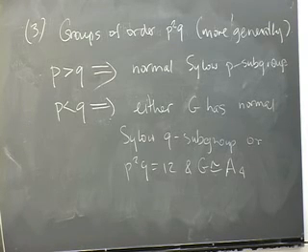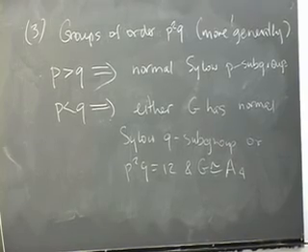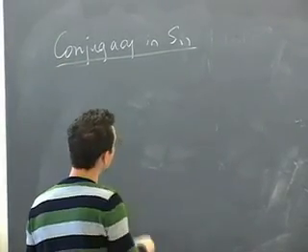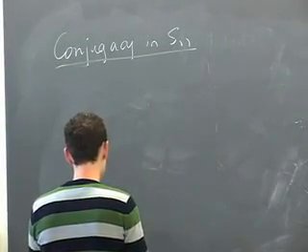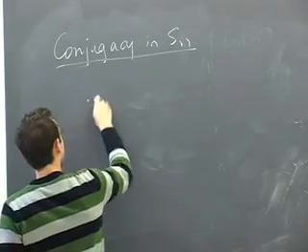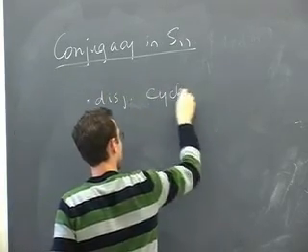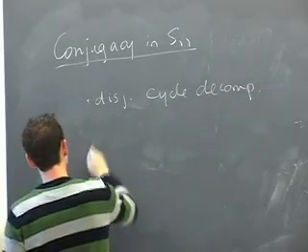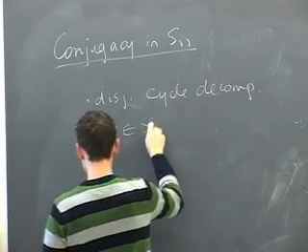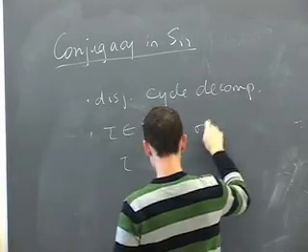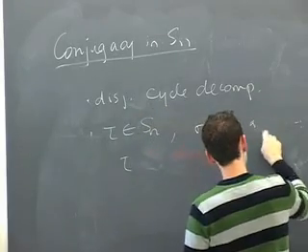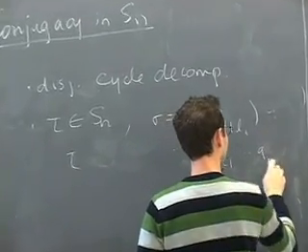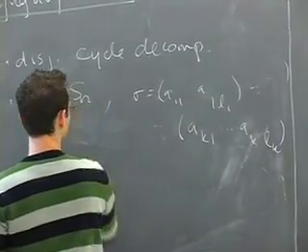Anyway, another of the things that we talked about is conjugacy in Sn. So I'll just very briefly remind you of what happened there. We have disjoint cycle decomposition. Given tau in Sn, if sigma can be written as (a_11, a_12, ..., a_1l_1) up through (a_k1, ..., a_kl_k), this is its disjoint cycle decomposition.